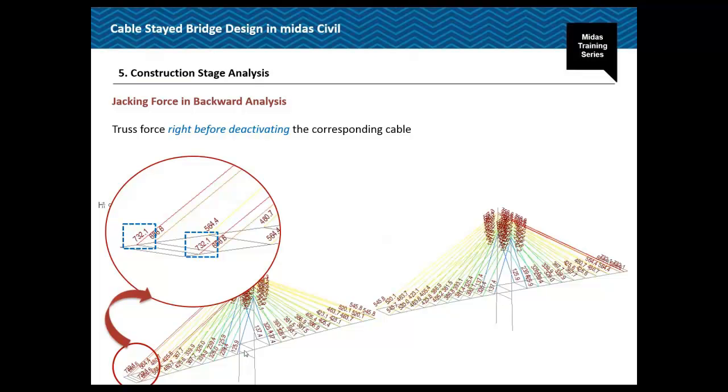So if we find the initial cable force in the complete state that we checked last time, and using the backward analysis, we can easily check the jacking force by just making the construction sequence in the reverse order. Then we can easily get this jacking force.